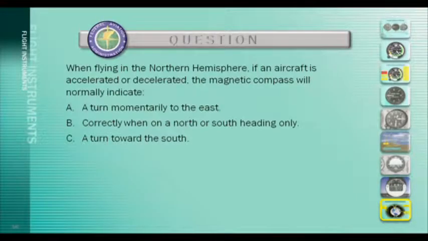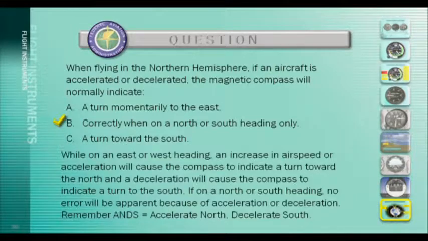Okay. Question, when flying in the northern hemisphere, if an aircraft is accelerated or decelerated, the magnetic compass will normally indicate B, correctly, when on a north or south heading only. Now let's explain a little further here.